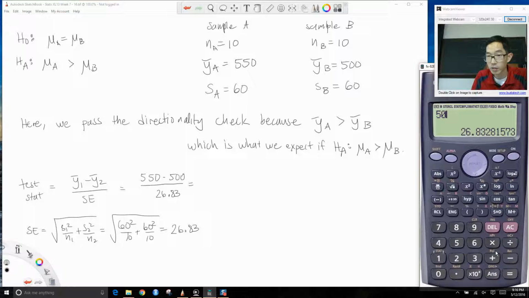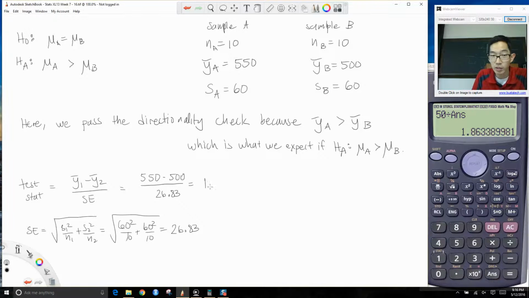So I get a difference of 50, and I divide that by that, and I get a test statistic of 1.863. I would look this up with degrees of freedom equal to N1 plus N2 minus 2, so I have 18 degrees of freedom.